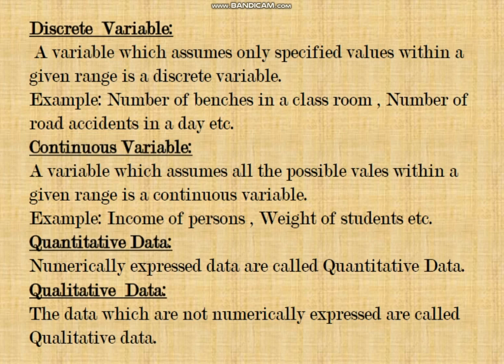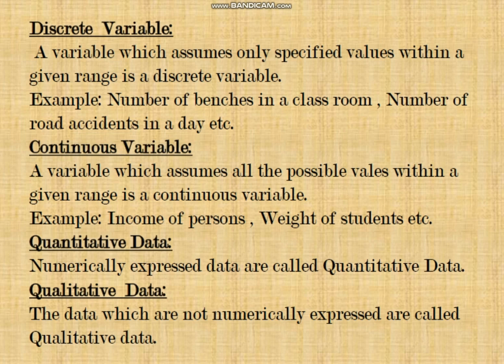Weight 65.8, 70.3. So weight varies like this in fractional decimals. Continuous variable means this variable could assume any possible value within the given range.